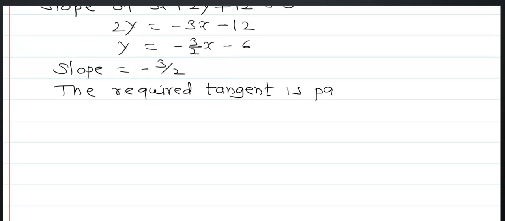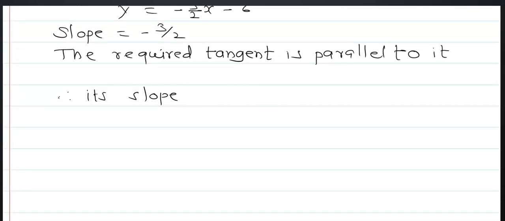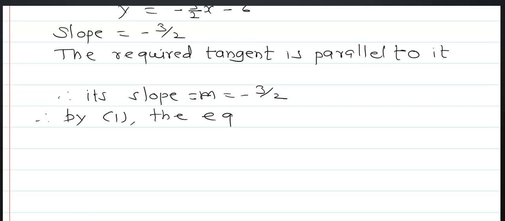The required line is parallel to the tangent. Therefore, its slope is m equals minus 3 by 2.